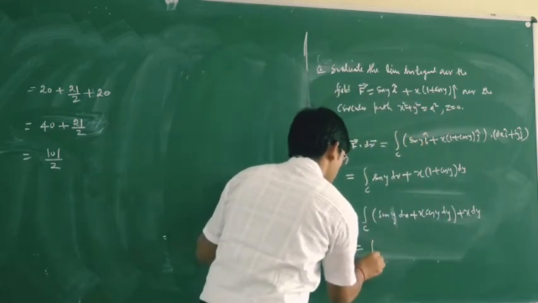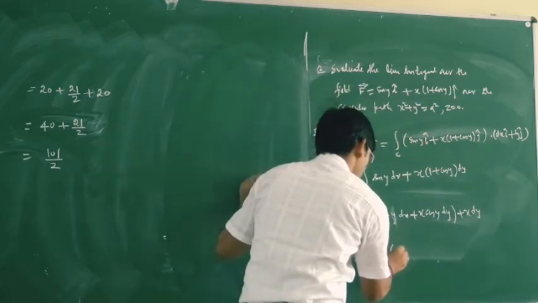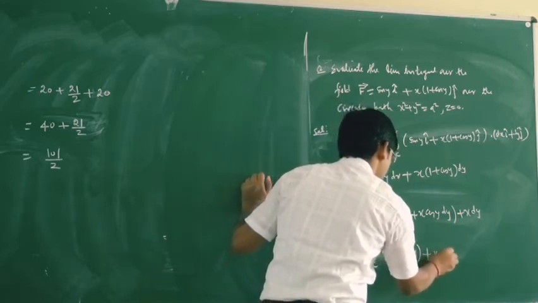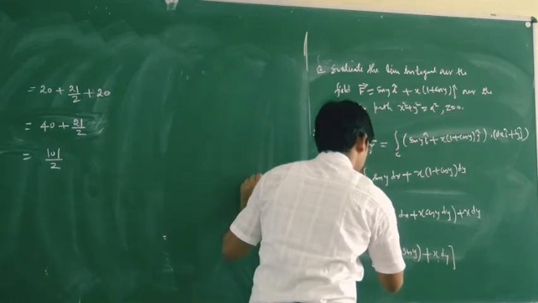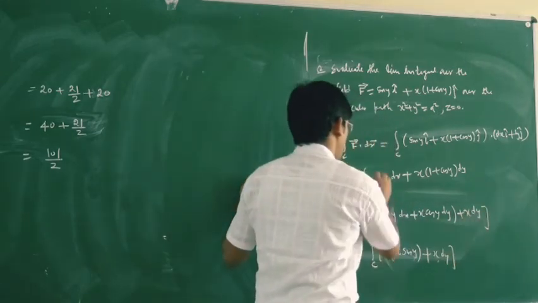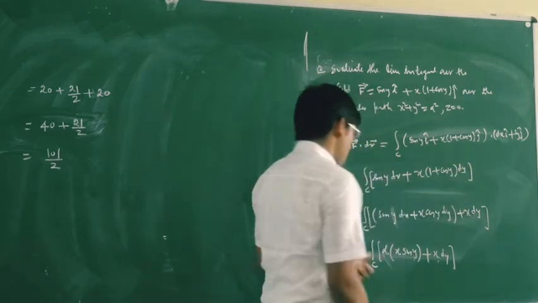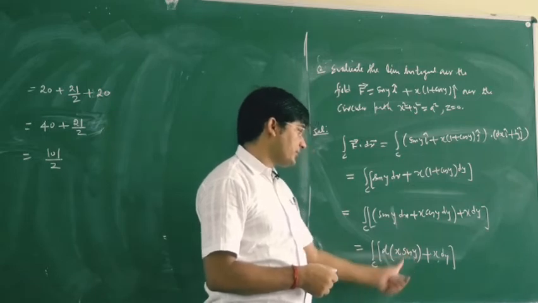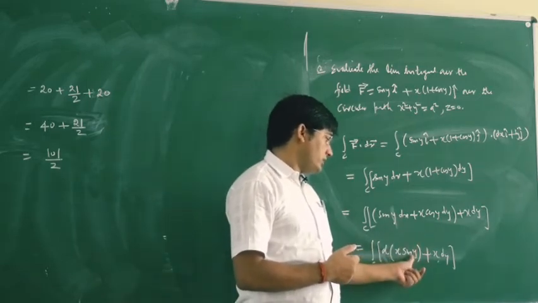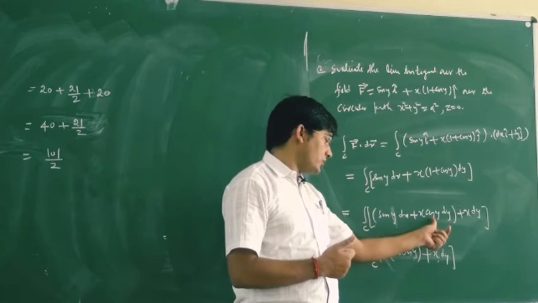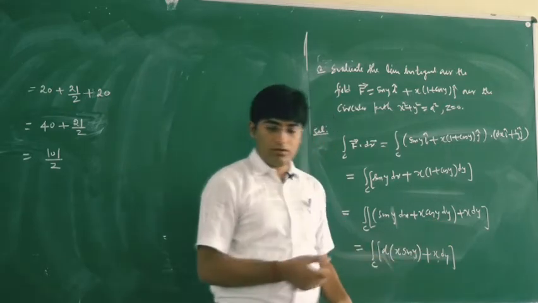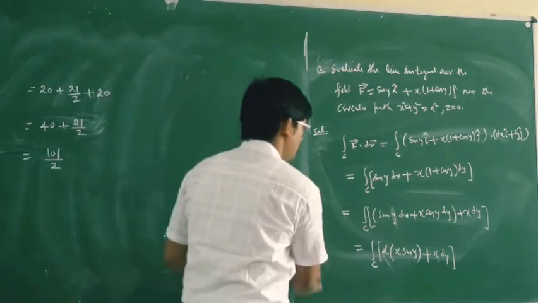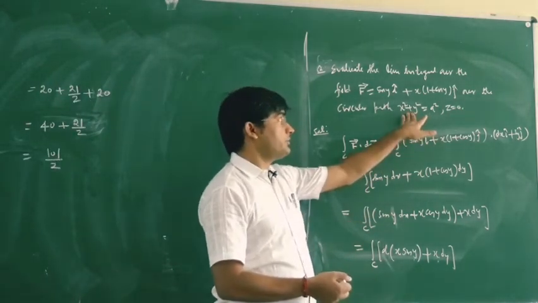Now we can write this term as d of x sin y plus x dy, because if you differentiate with respect to x, then this will be dx into sin y. Now the differentiation of sin y will be cos y, and then the differentiation of y will be dy. Okay. Now just put the values of parametric coordinate of this circle.